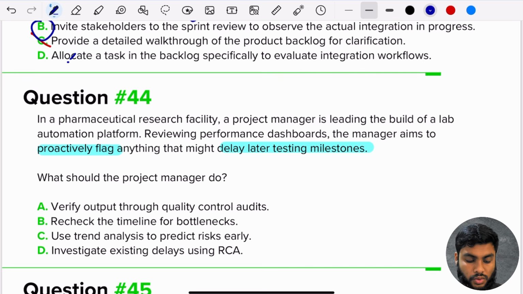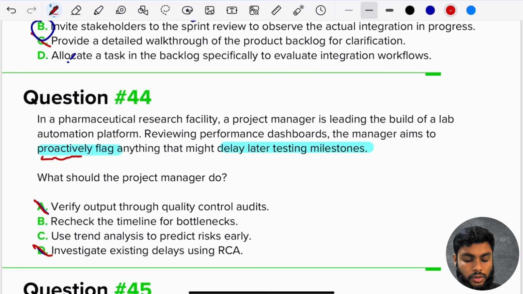D, investigate existing delays using RCA. So A and D are gone. Why is D gone? D is gone because we're not concerned about the existing delays. We are concerned about taking a proactive step before they even become delays and dealing with them, right?